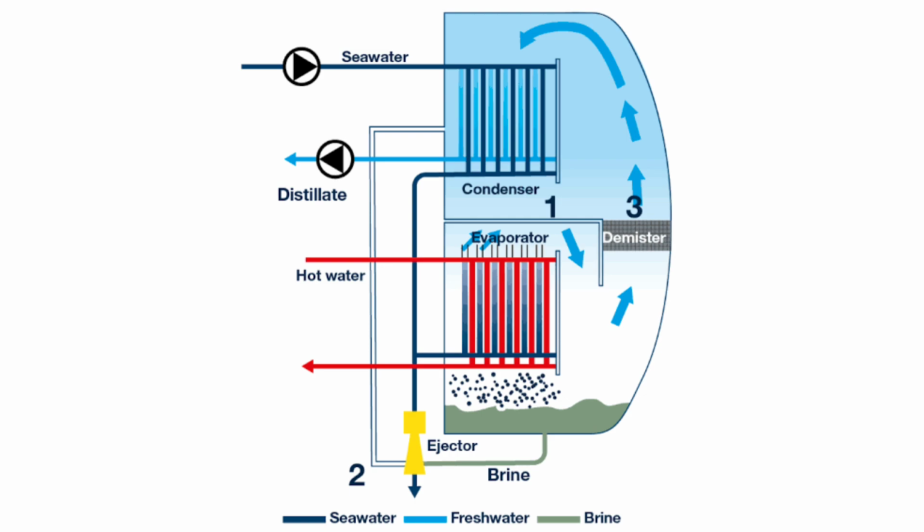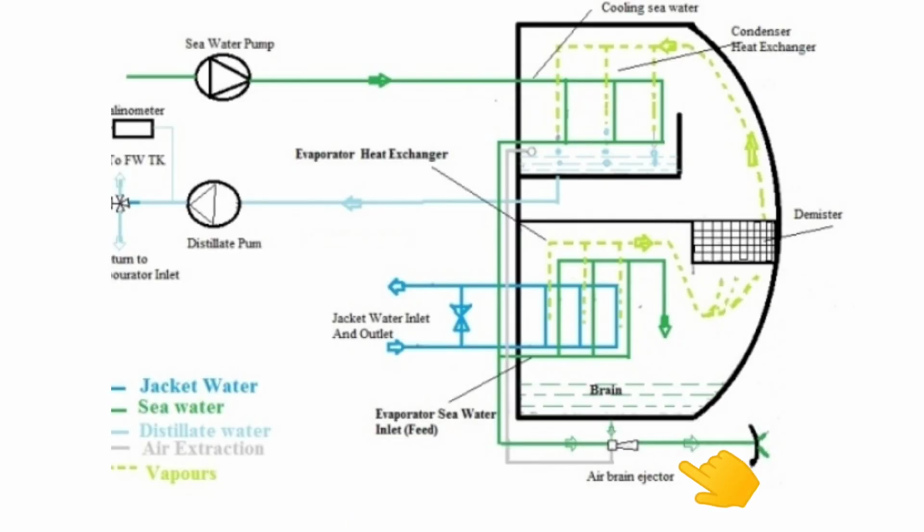This type of freshwater generator is based on two sets of shell and tube heat exchangers, one acting as evaporator or heater and other as condenser. The combined air brine ejector creates evaporator chamber vacuum condition by driving seawater pass through air brine ejector and seawater supplied by ejector pump to be delivered to ejector for taking out the brine, that is concentrated seawater and air.